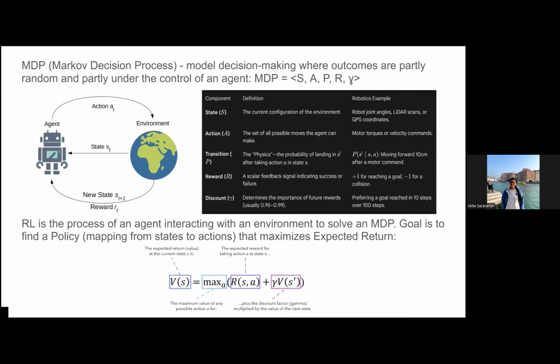And then we have our reward, which we talked about extensively in RL, but that's basically a scalar value. It's the feedback that you get based on an action you take. Typically we want to maximize reward and we want to minimize penalties. And penalties can either be baked into the reward or they can be treated separately.